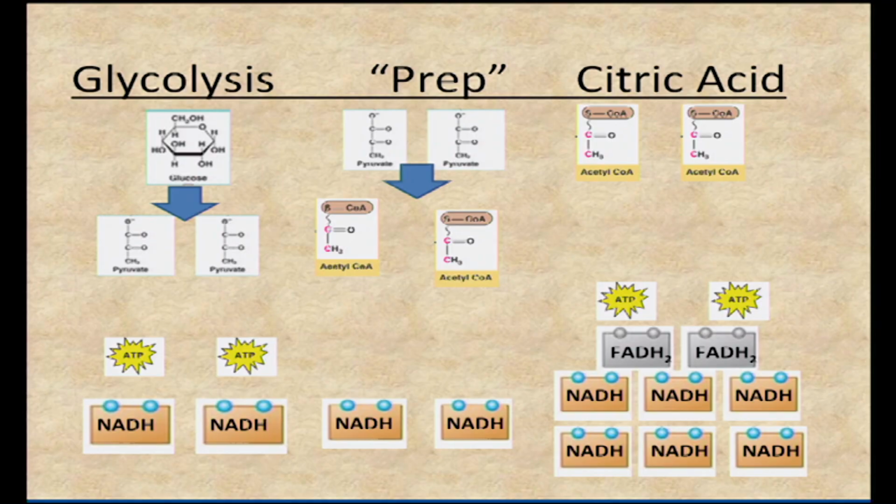So that is the goal of the final step known as oxidative phosphorylation. Again, we're going to take our NADH and our FADH2, a total of 12 coenzymes, and cash them in and get out usable money, ATP. Again, that's the goal of oxidative phosphorylation.